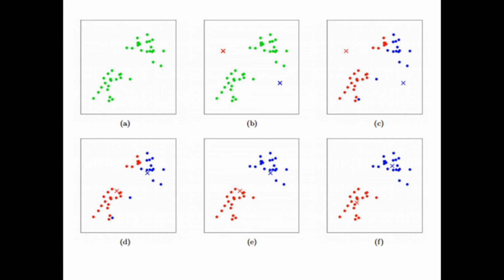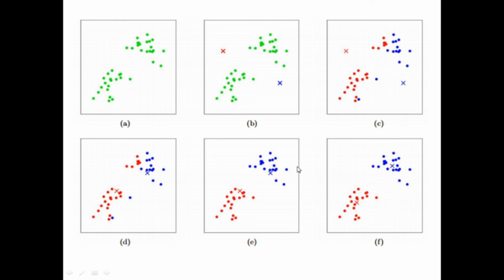This procedure has to be done until all the data samples belong to one cluster centroid or the other. This will be my final result. The main objective of the k-means algorithm is finding the means of the k clusters.